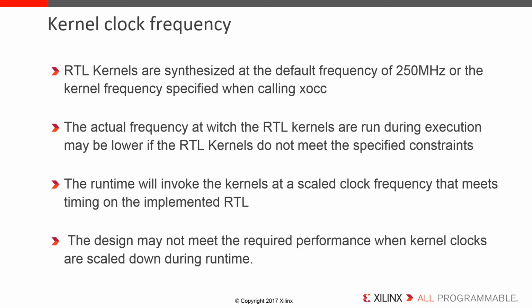If your design does not meet the specified target clock frequency when XOCC calls Vivado to synthesize and place and route your design, the runtime will execute the kernel at the lower clock frequency, thus meeting timing on the implemented RTL. This ensures that the design is not run out of spec by overclocking it.